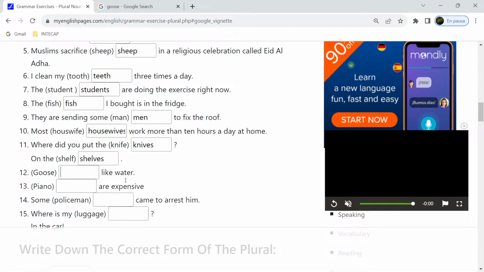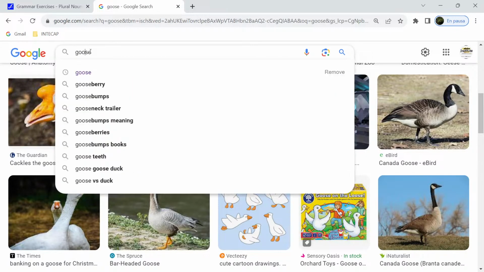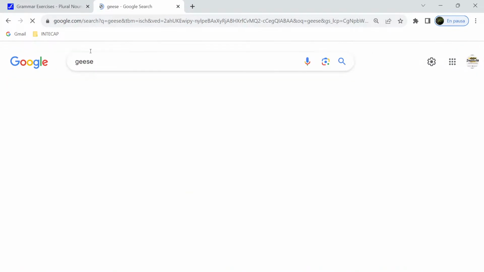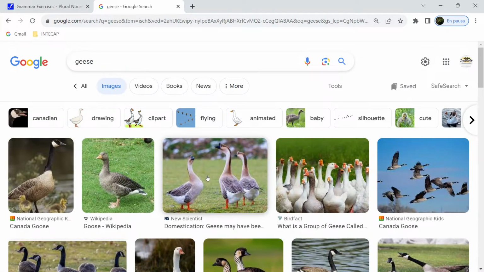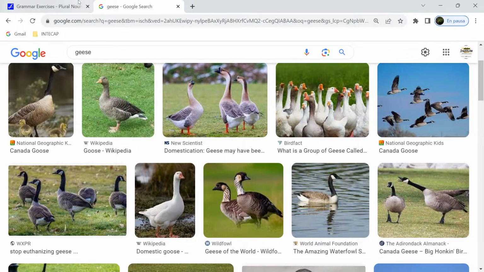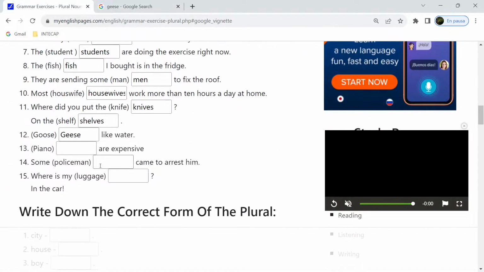Right, no worries. The plural of this word, guys, is geese. So geese is the plural. It's more than one, right? Awesome. Now let's continue with number 13.